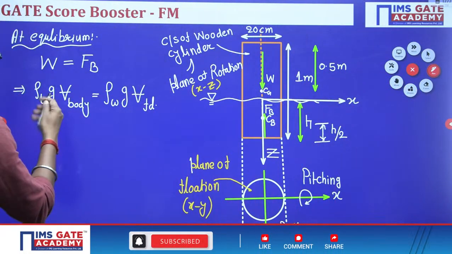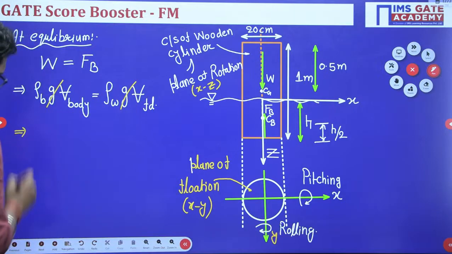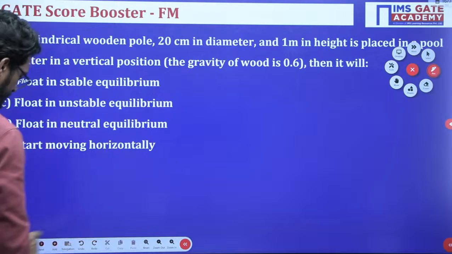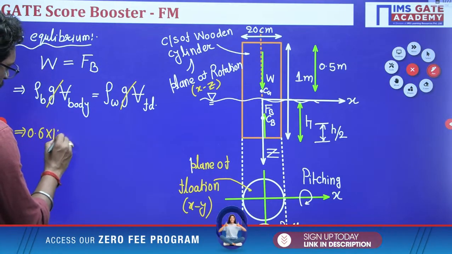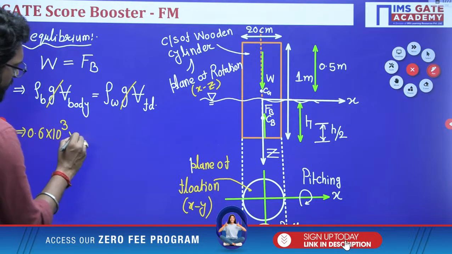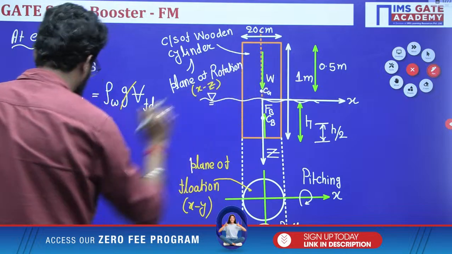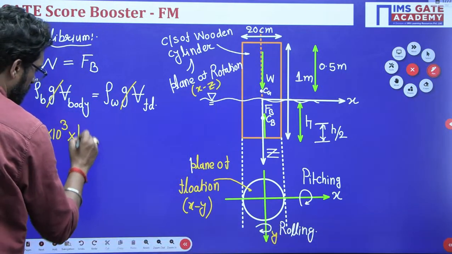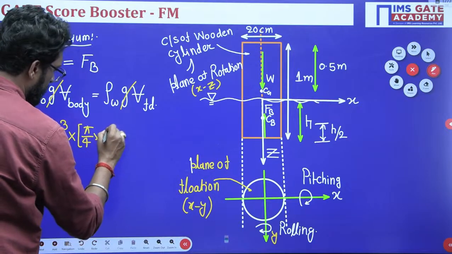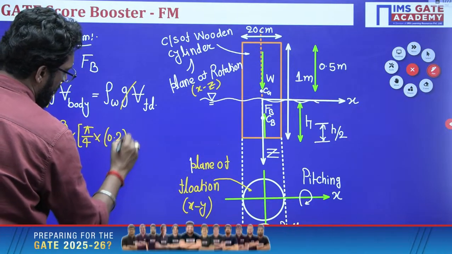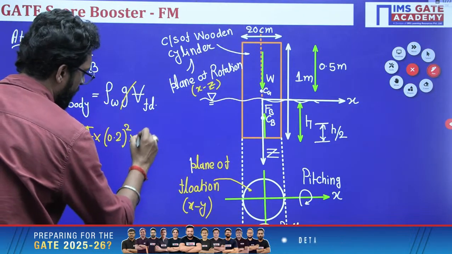So this g and this g will cancel out. Density of body is specific gravity, given 0.6, so 0.6 into 10 to the power of 3. Volume of the cylinder is pi by 4 d square into height, pi by 4 into 0.2 square into h, total 1.